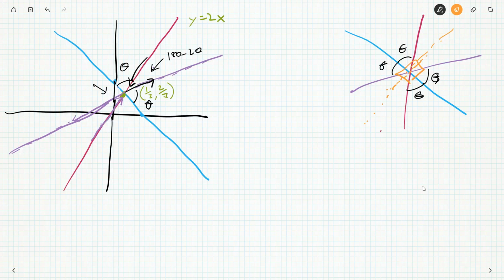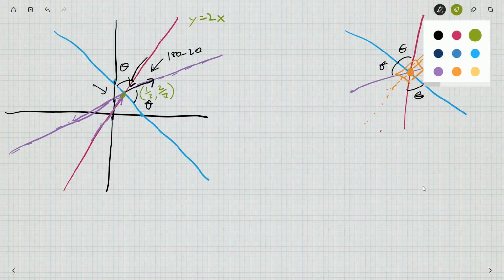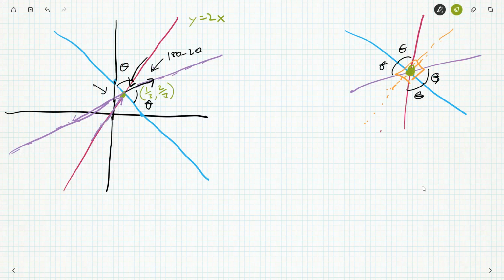Well, we know... Okay, I'm just trying to think of ways to get the slope and the intercept. We know this intersection point here, although I guess I've been using green for that. We know that point is 1 over k plus 1, k over k plus 1.